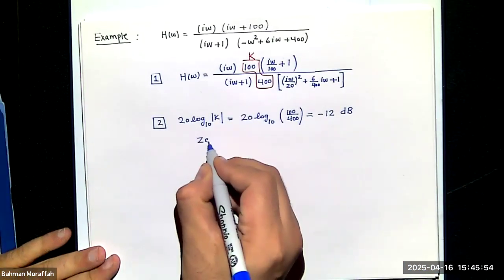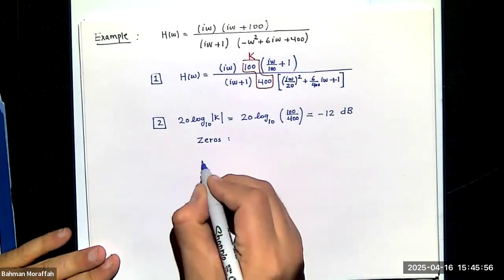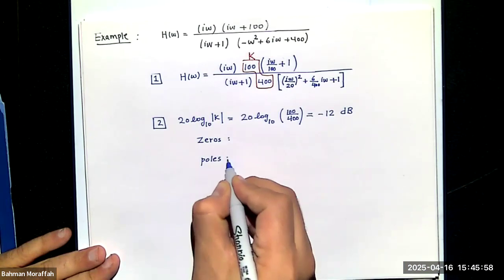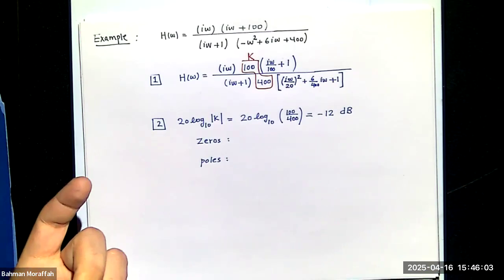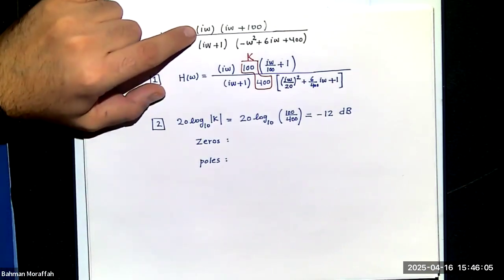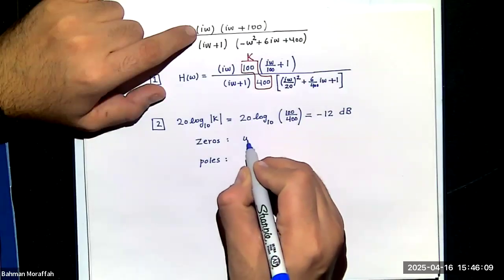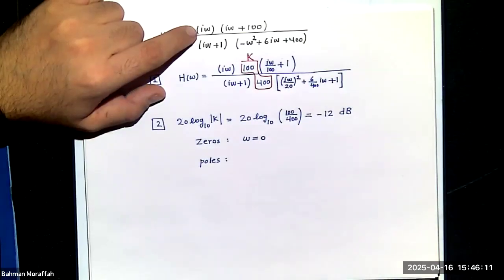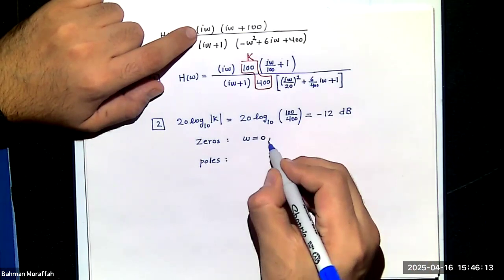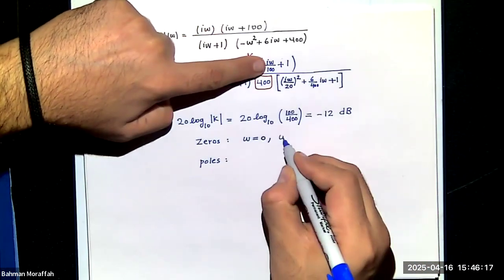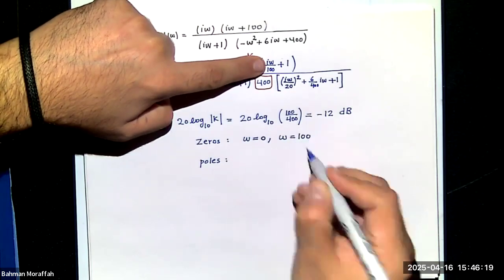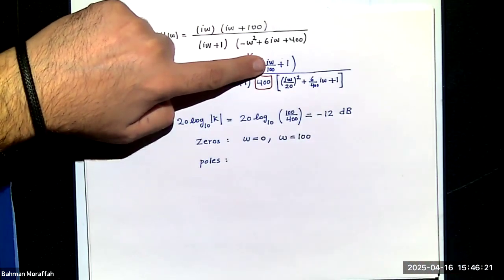Now let's look at the zeros and poles. What are my zeros? Well, I have a 0 at the origin, right? So I have a 0 at the origin. I have another 0 at 100, right?